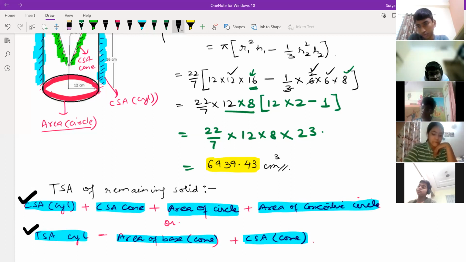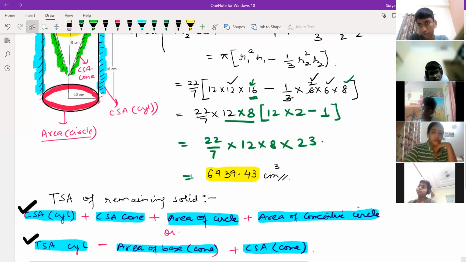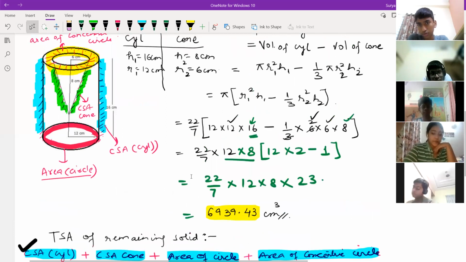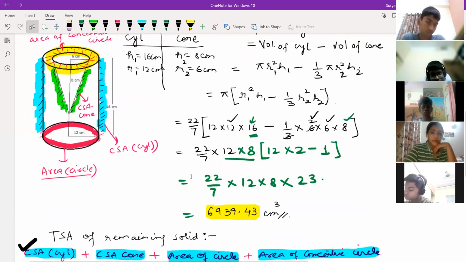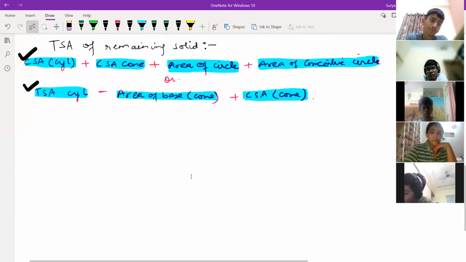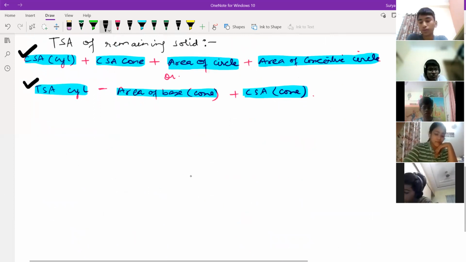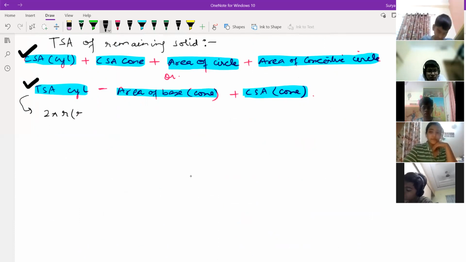So next one, I just see 16 is the height of cylinder and 8 is the height of cone, 12. Okay, fine. Now I'm just using the second formula only. I'm writing here: TSA of cylinder, that is 2 pi r into (r plus h), minus area of the base of the cone, that is pi r square. R1, R2 I'm writing here.